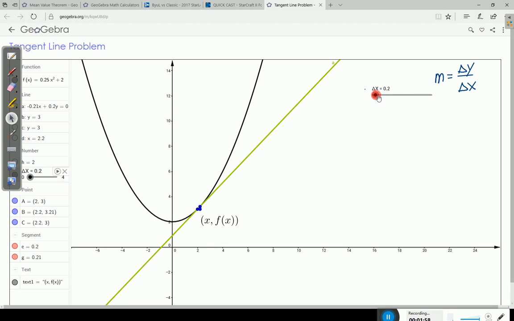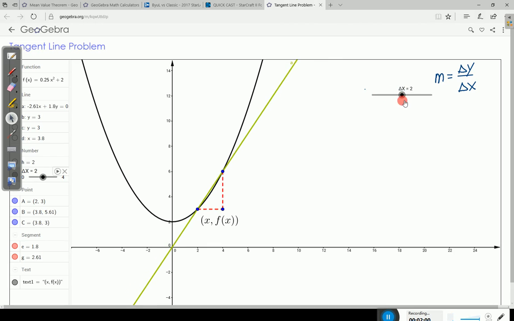And so to do that, we have our first point down here, some x value, and then f at x is our y value. x is the input. But then we have another point up here that's a little bit farther away. So we take that initial point x, but then we add delta x. That's this bit right here.